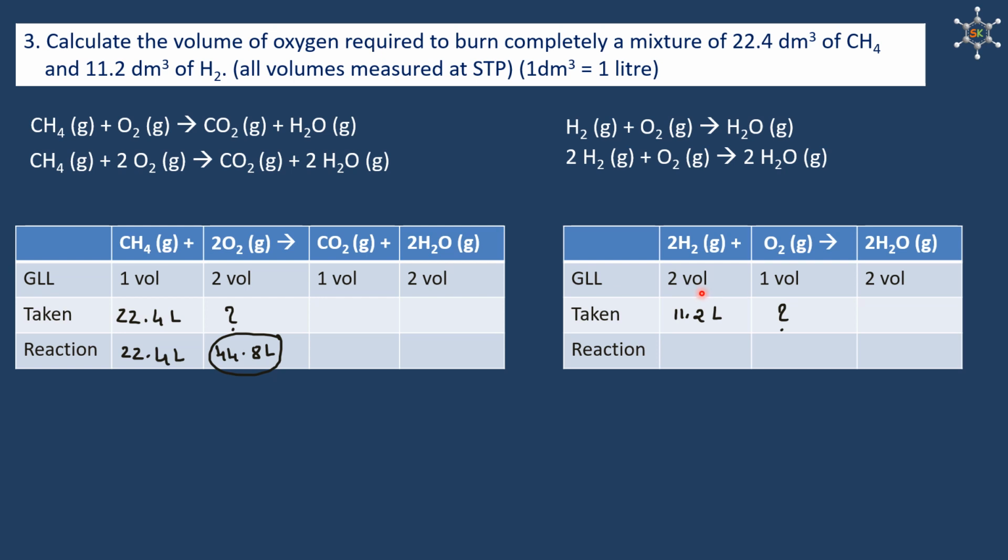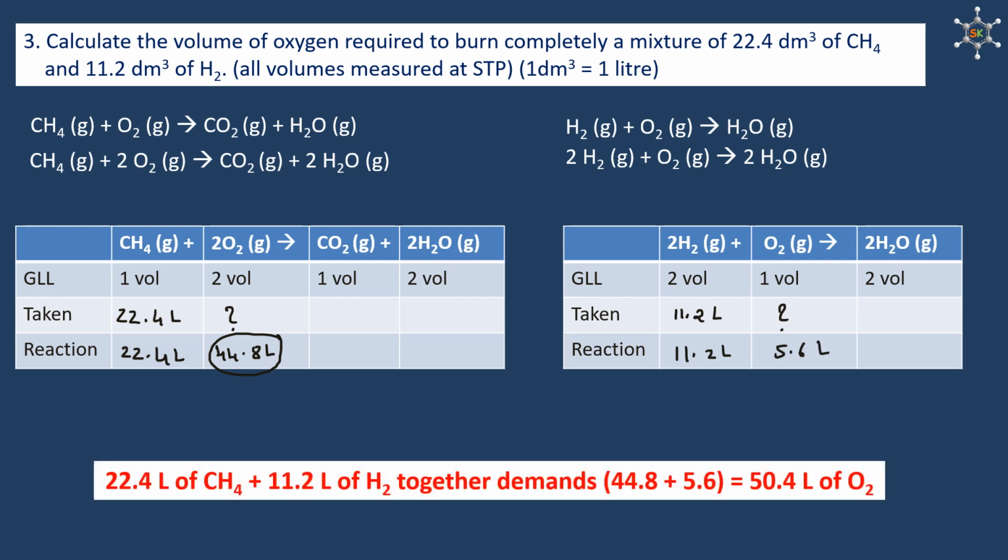For 2 volumes, we need 1 volume of oxygen. For 11.2 liters of hydrogen, we need 11.2 multiplied by 1 divided by 2 volume of oxygen, that is nothing but 5.6 liters. So, for 11.2 liters of hydrogen, we need 5.6 liters of oxygen.